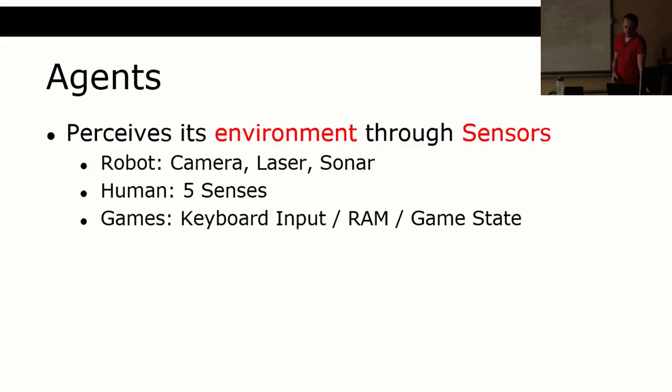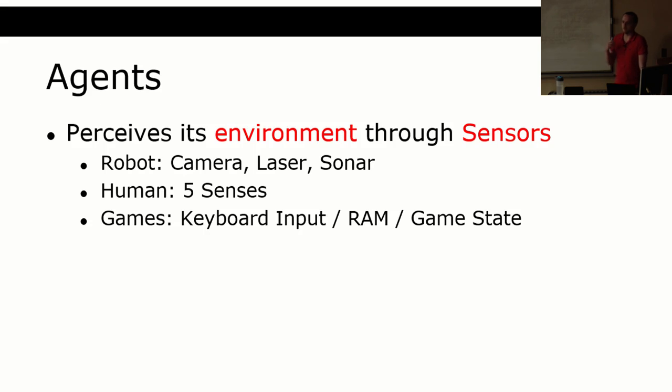So agents, as I said, perceive their environment through sensors. So some examples of that, if I have a robot, maybe the robot has a camera, or a laser rangefinder, or sonar. Humans would have their 5 senses that they can detect things in the room. In games, it might be a little bit different. We maybe have keyboard input or controller input. We have the RAM, like the internal state, or the entire game state, right?